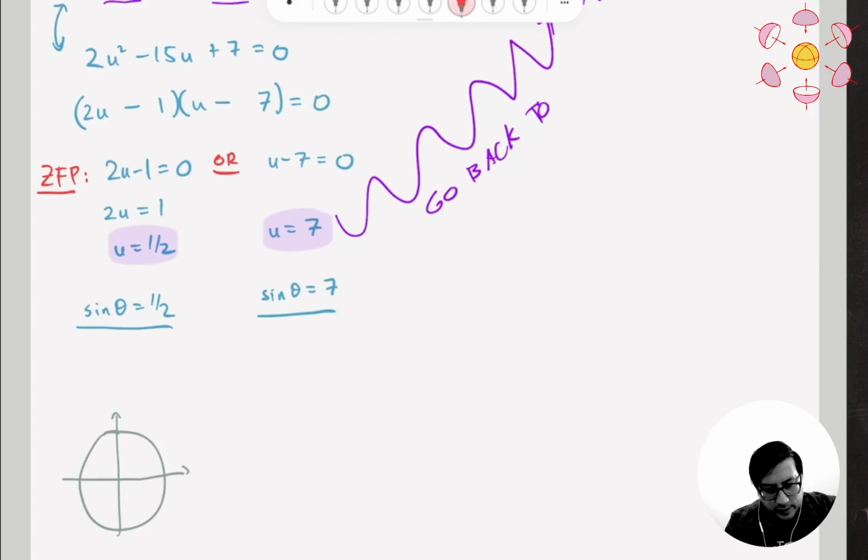Sine is the y value, so when is the y value 1/2? See, there's two solutions here and here. This is going to be, for angle theta, pi over 6 plus 2 pi k. And the other angle is going to be, gosh, what is that? 1, 2, 3, 4, 5 pi over 6.